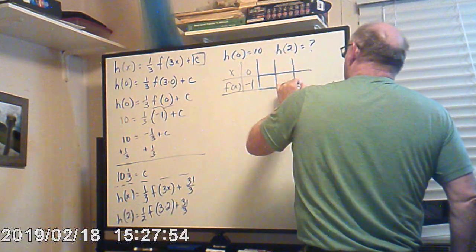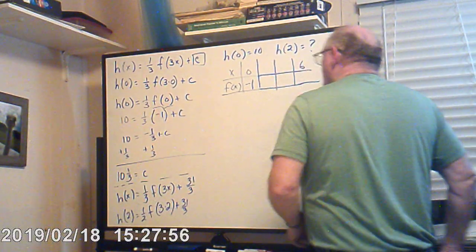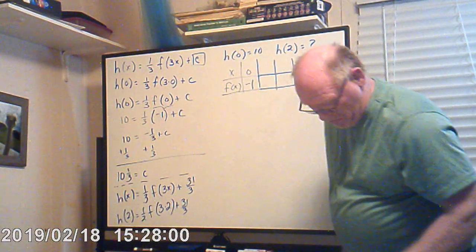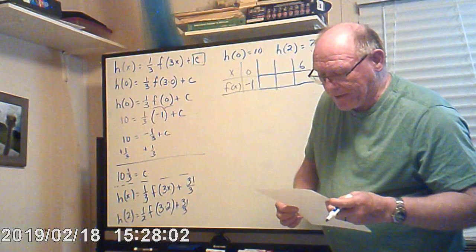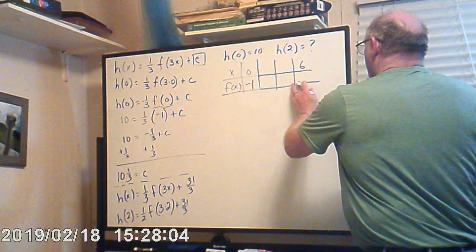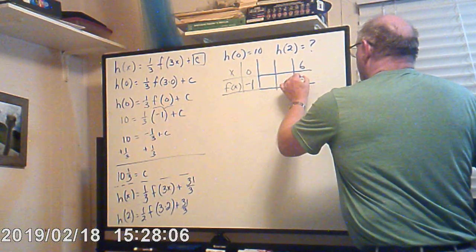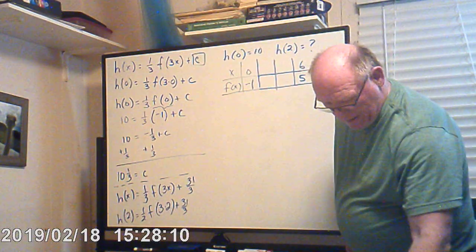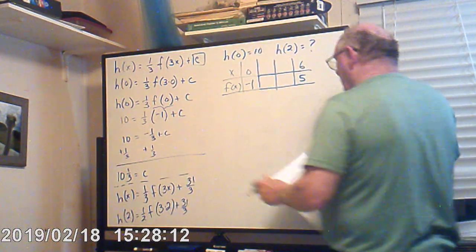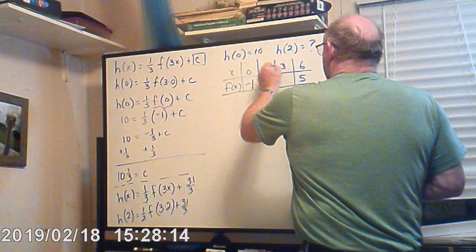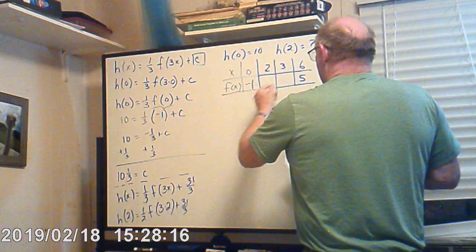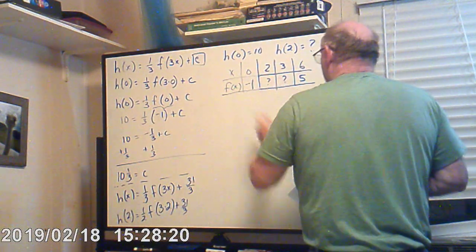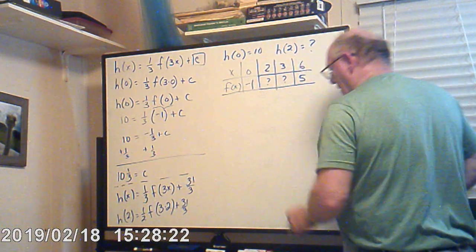I don't know how far over I need to go. But f of 6 is 5. So I know that f of 6 is 5. Actually, I had 2, 3 right here, and it doesn't matter what these are. We don't care. f of 6 is 5.